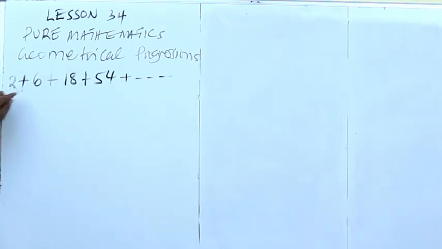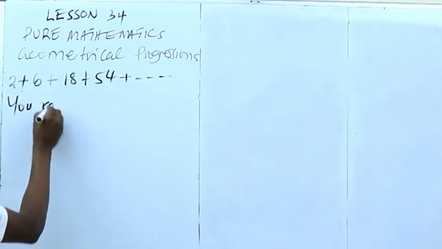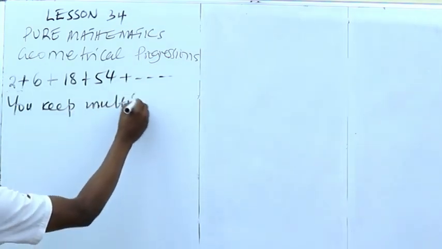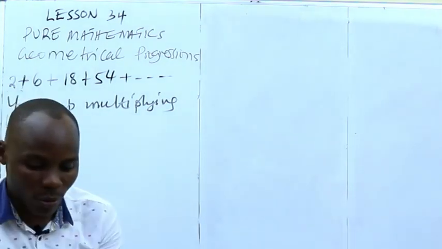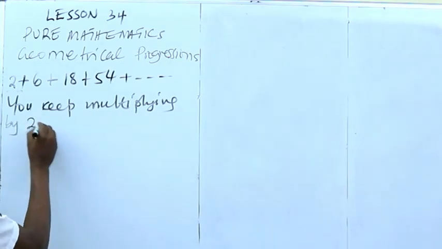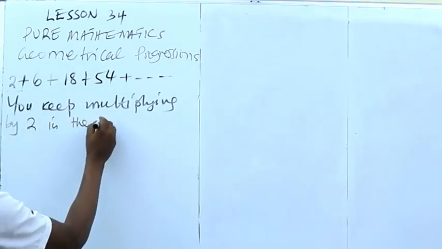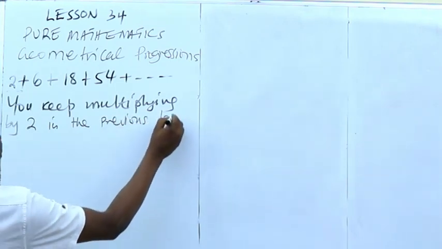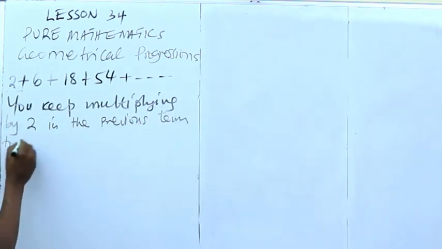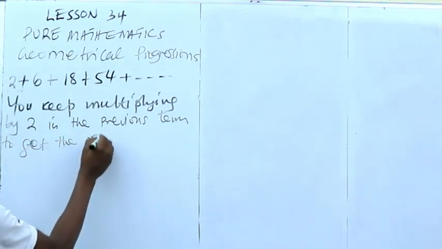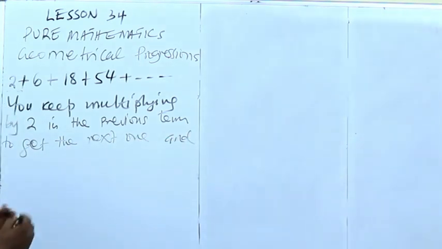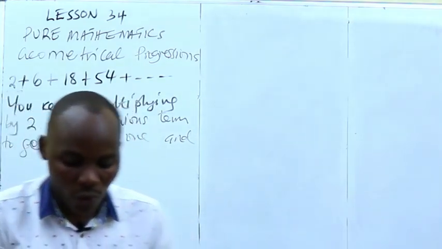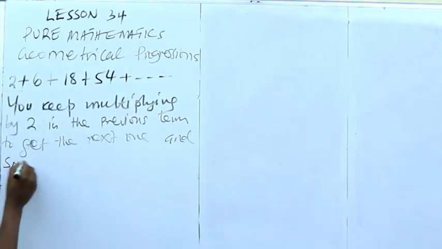Now, going on to the next term, you need to keep multiplying by a common number in the previous term to get the next one, and so on.